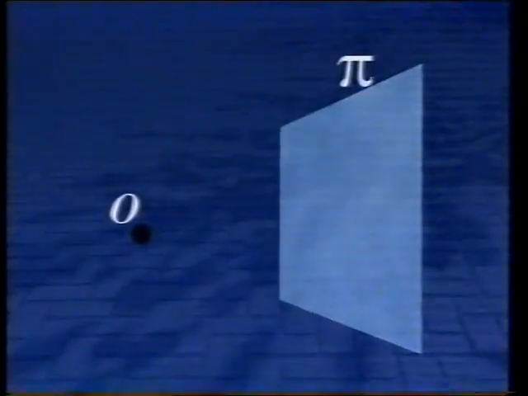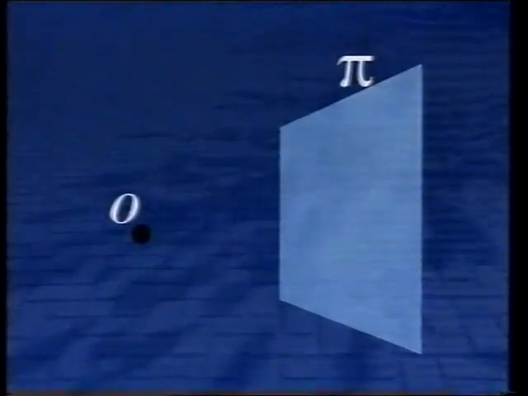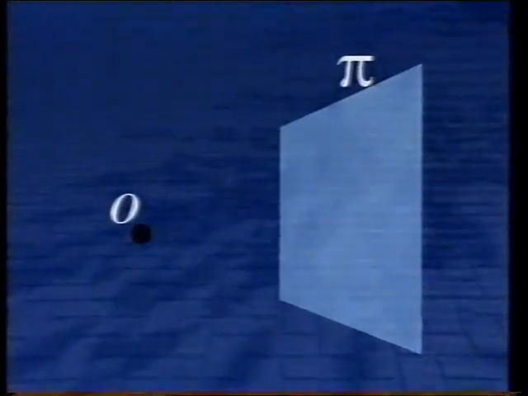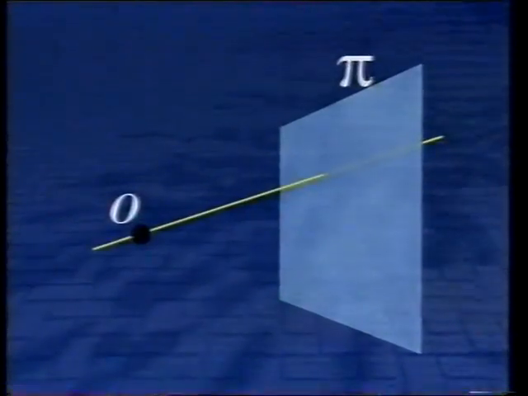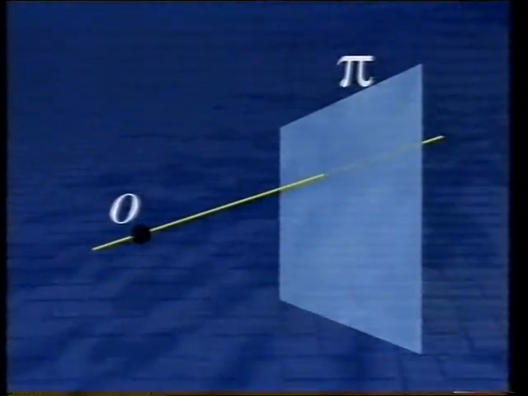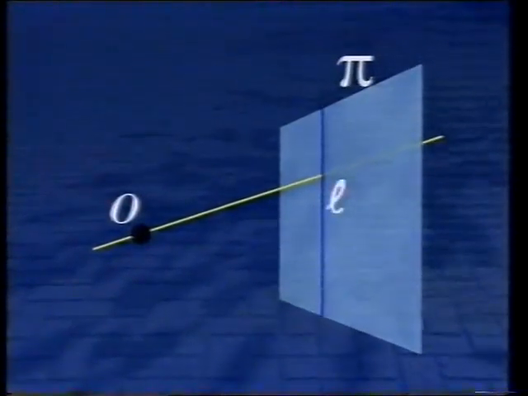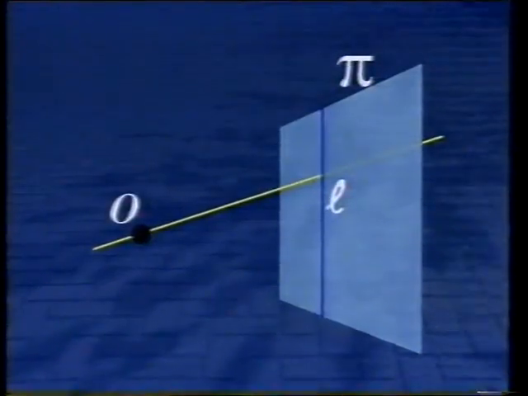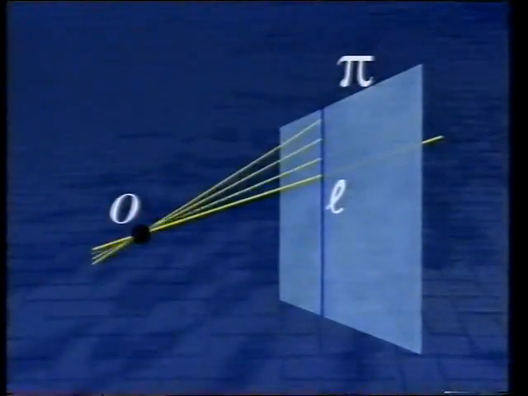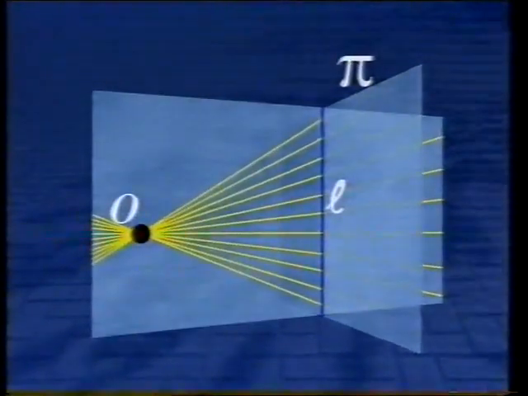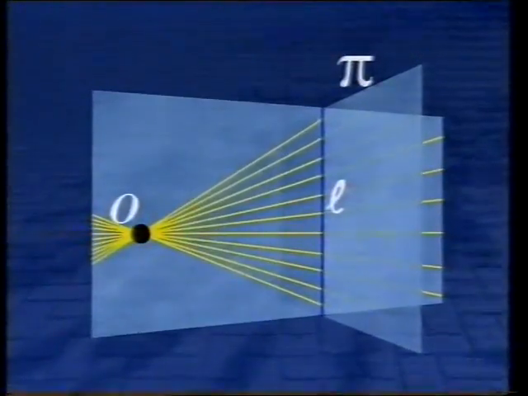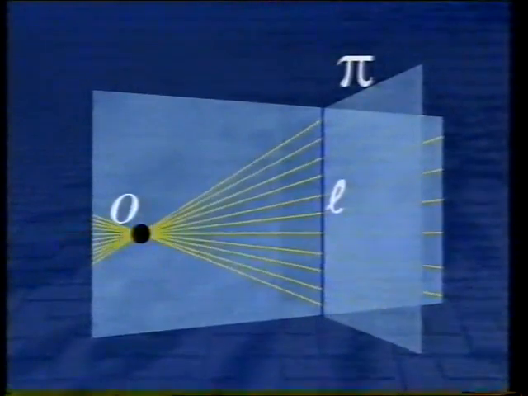Let's look more carefully at how Euclidean and projective figures relate. We start with a Euclidean plane π not through the origin. For each point in this plane, we get the corresponding projective point by joining it to O. It's a Euclidean line through O. Given a Euclidean line L in this plane, we draw in the Euclidean lines through each point of L and O. This gives the Euclidean plane through L and O. And that's what we call a projective line.